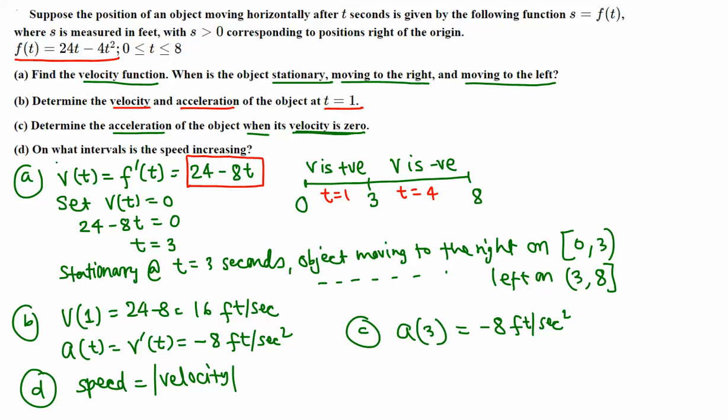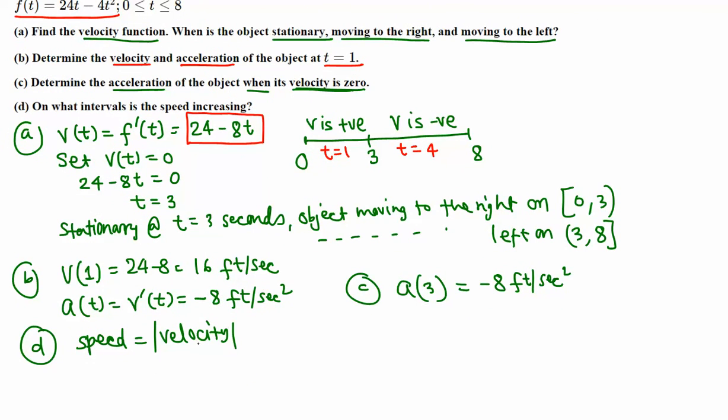We want to find the interval, meaning during t equals somewhere to somewhere, the speed is increasing. It's difficult to find speed directly, so let's graph the velocity function, and from there we can graph the speed. The velocity function v(t) found in part A is 24 minus 8t.